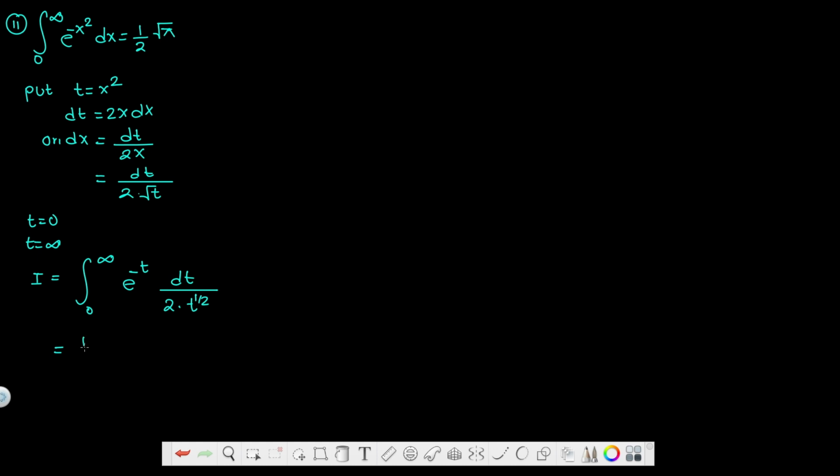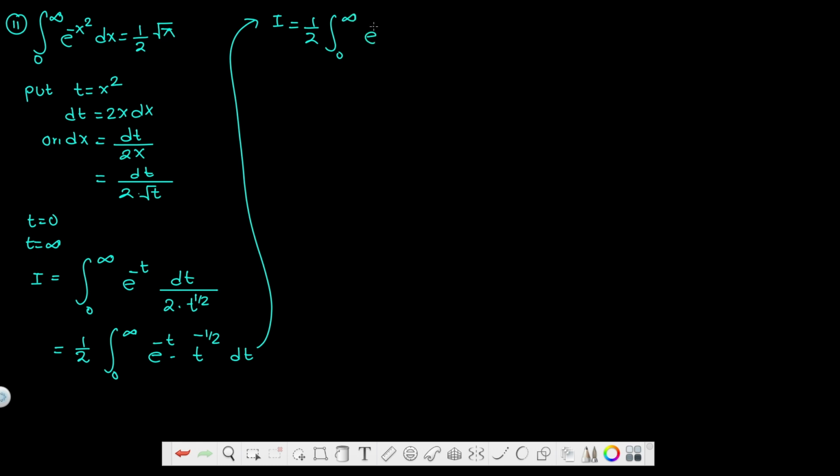We can bring this 1 over 2 in the front, 1 over 2 integral 0 to infinity e to the power minus t times t to the power minus 1 over 2 dt. So I equals 1 over 2 integral 0 to infinity e to the power minus t times t to the power minus 1 over 2, and minus 1 over 2 is same as 1 over 2 minus 1.